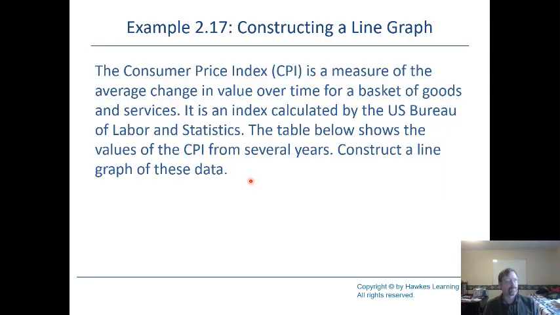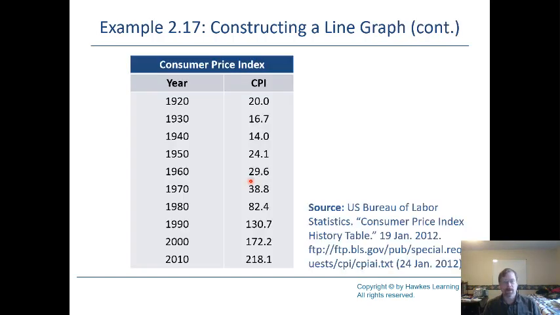So, for example, we're looking at consumer price index over several years. There's our data. If we wanted to create a line graph of this data, we've got a CPI every 10 years. So we would plot the year, put a point on the graph corresponding to the height, the y-axis, and connect them.